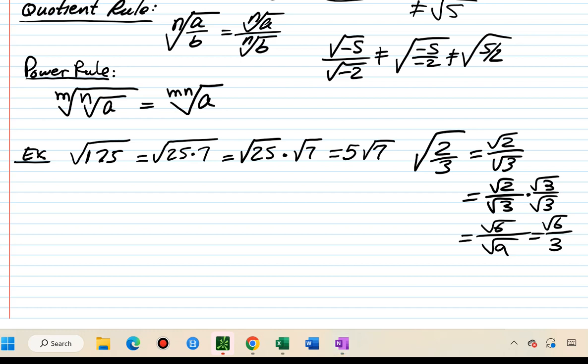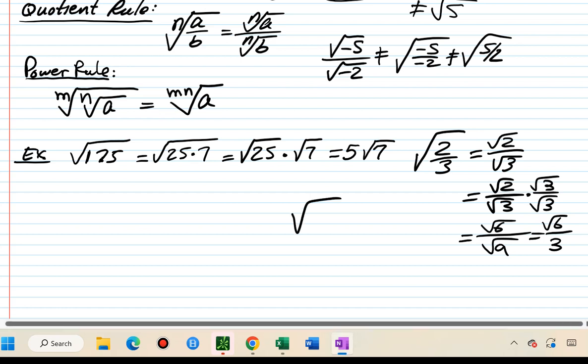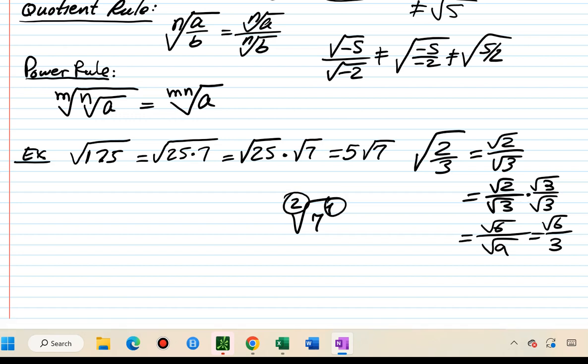So again, look at 7. The exponent on 7 is 1, index 2. What's the GCF of 1 and 2? 1. So the exponent in the radicand and the index have a GCF of 1 in this case. That one is seldom mentioned, but that's there also.